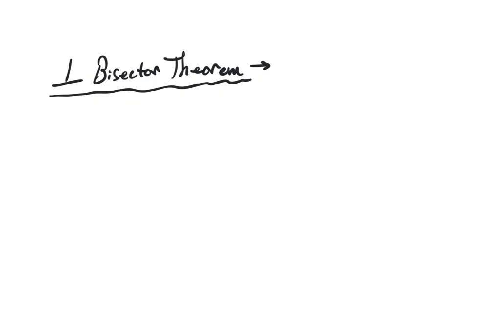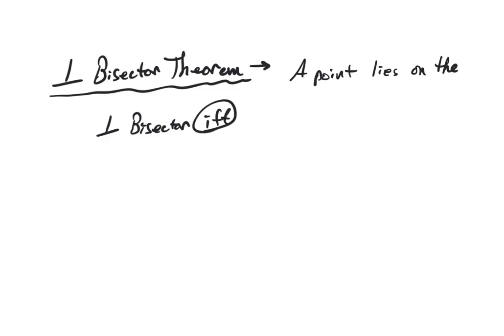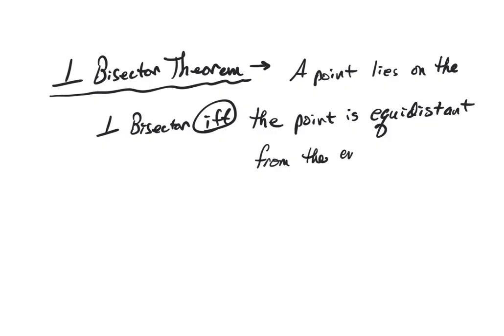and it just simply goes like this. A point lies on the perpendicular bisector if and only if the point is equidistant, so equal distances, from the endpoints of the segment.